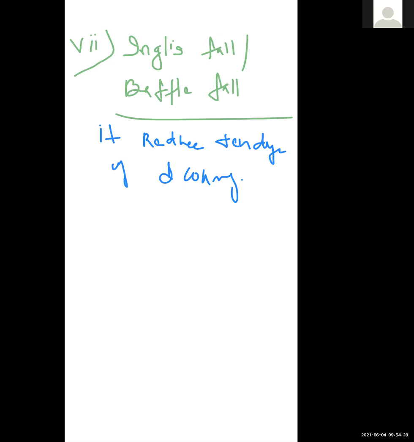Okay, so first we draw the bed of the canal, this one. Okay. Next, firstly construct the crest.